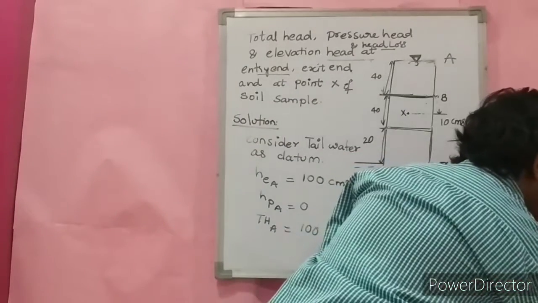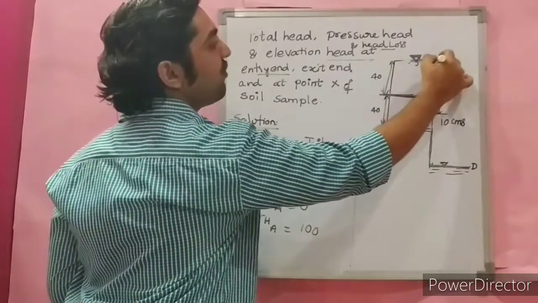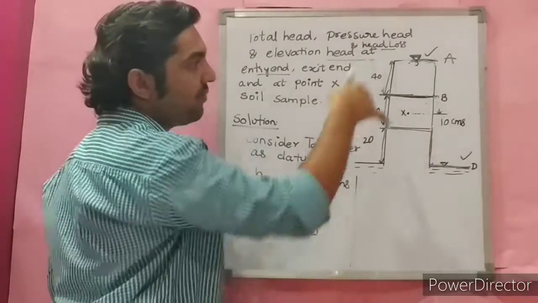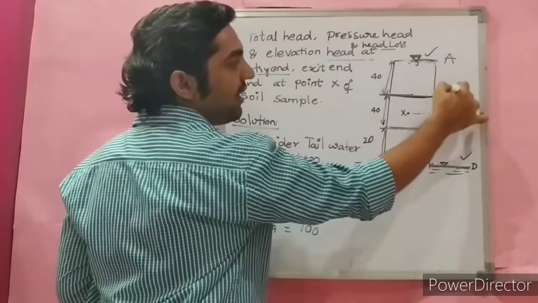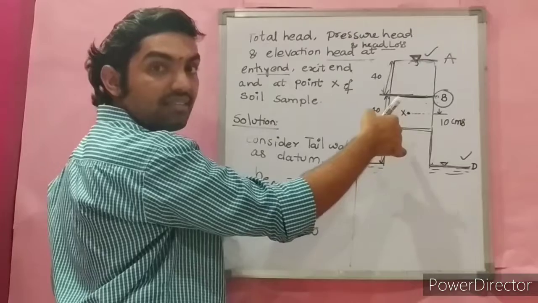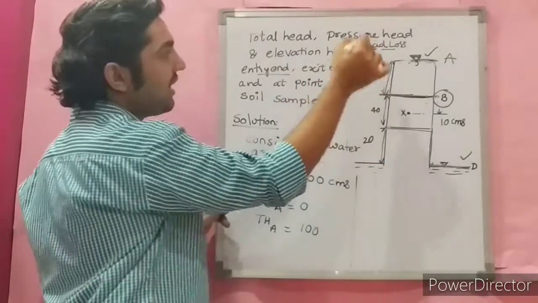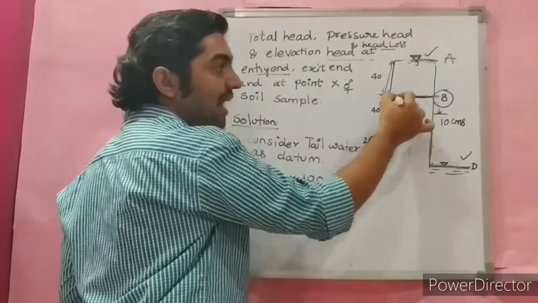Now from the above diagram you can say that water is flowing freely from point A to point D. Soil enters at point B because at X of the soil sample, it was given in the question, determine total head, pressure head and head loss at entry and exit end and point X of the soil sample.